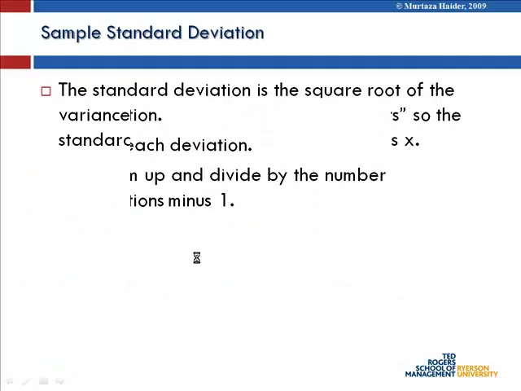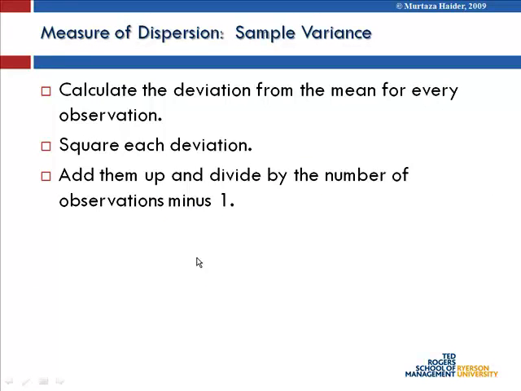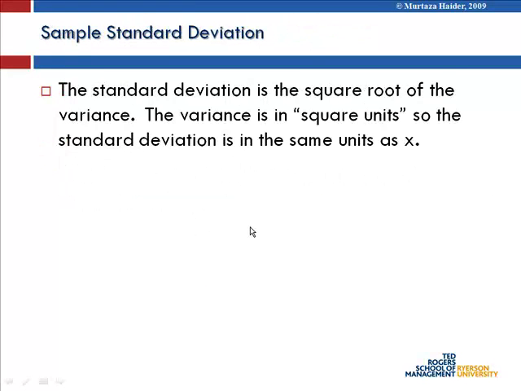So why do we take the standard deviation? The difference between variance and standard deviation is that the standard deviation is the square root of variance, but standard deviation has an advantage. Standard deviation is in the same units as the observed data or the variable.